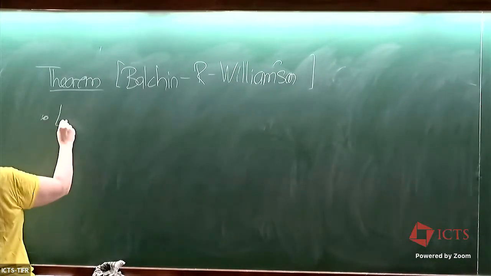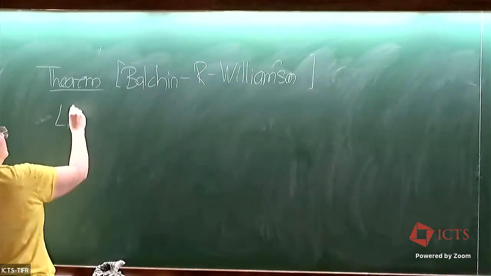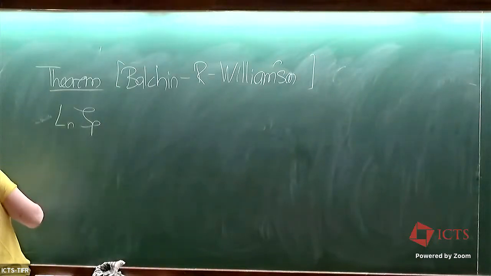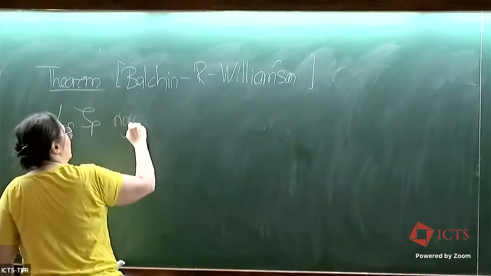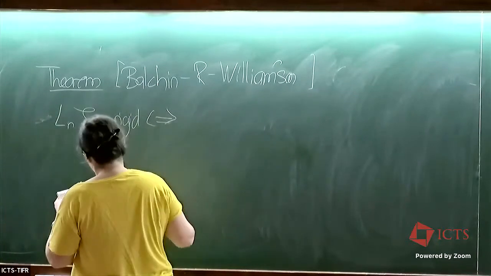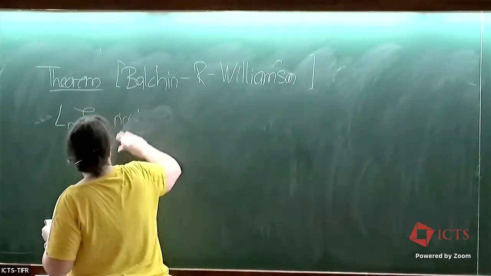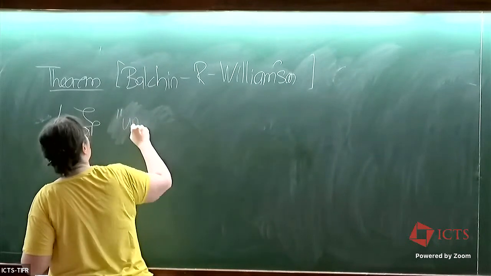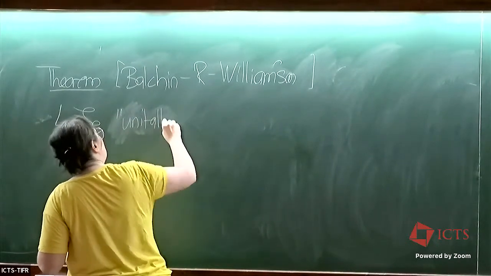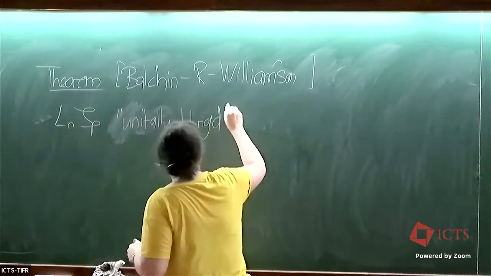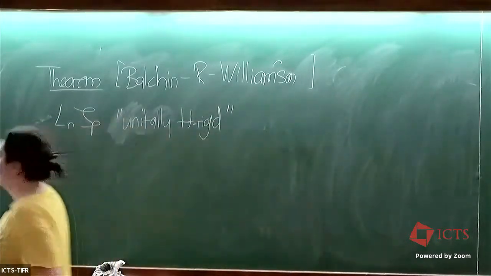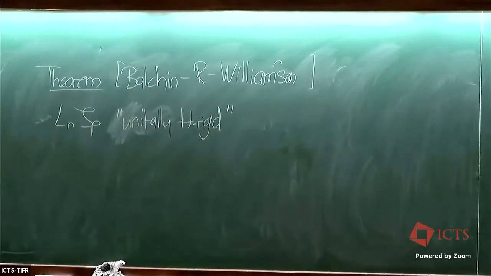En-local spectra is rigid, if and only if, not just rigid, unitarily TT rigid, which means a version like that, but also having to preserve monoidal structure and unit.